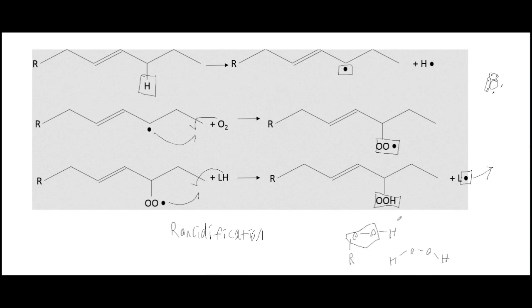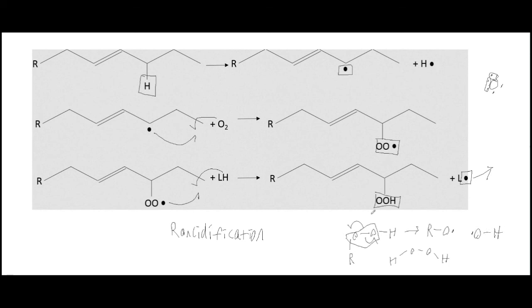So you can end up with one electron going here and one going here. Yeah, so one going there and one going there, so that you end up with your R with a free radical, and you end up with another free radical like that.